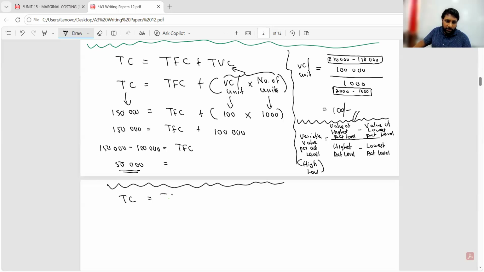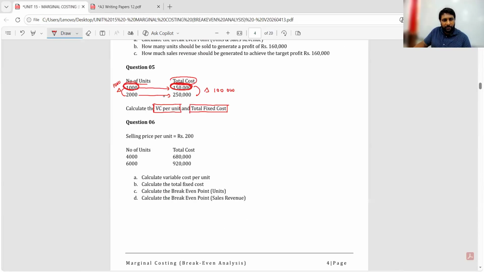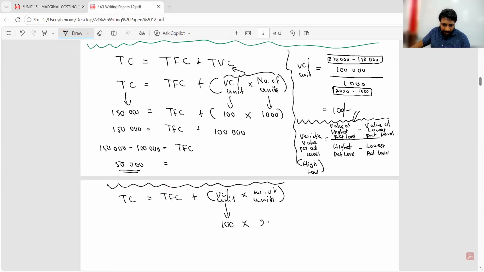Total cost equals total fixed cost plus variable cost per unit into the number of units. The variable cost per unit we found as 100 using the high-low method. When the number of units is 2000, the total cost is 250,000. Yes or no?